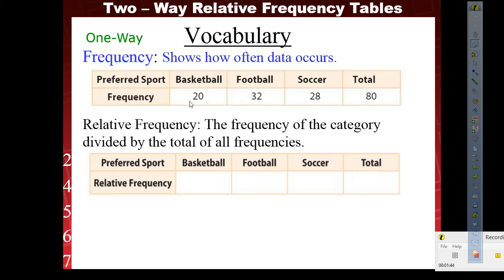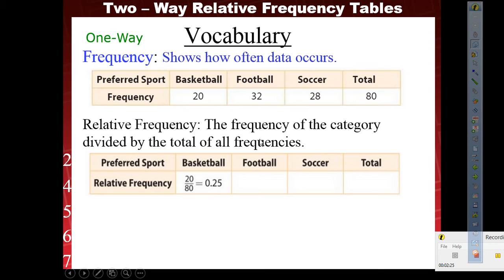To find the relative frequency, check this out. Everybody see what I did? This could be reduced. So it would be 20 over 80, 2 over 8. Is that correct? 2 over 8 becomes 1/4, which is 0.25. See how that works?